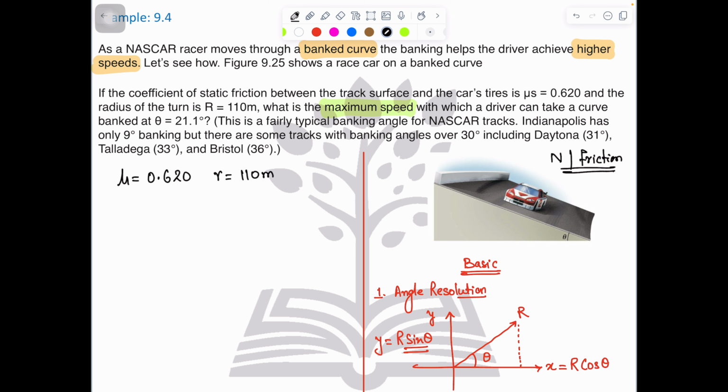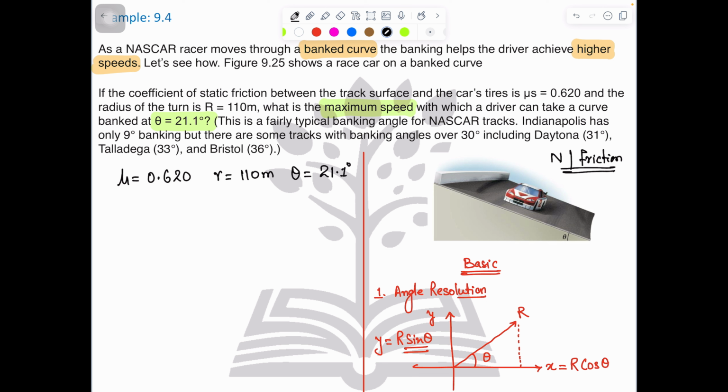And whenever there is a minimum speed, what is the shortcut formula? With which a driver can take a curve banked at theta, is given, theta. That is a fairly typical banking angle for NASCAR tracks. Indianapolis has only 9-degree banking, but there are some tracks with a banking angle of 30. Okay. There is no need to use it. Okay, theta is given. Theta is equal to 21.1 degrees.